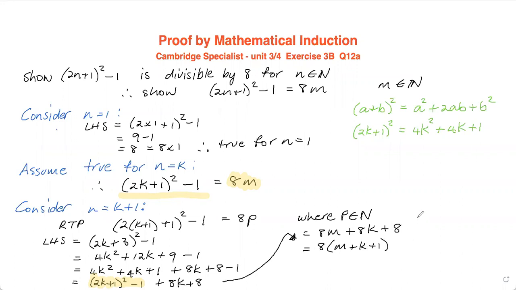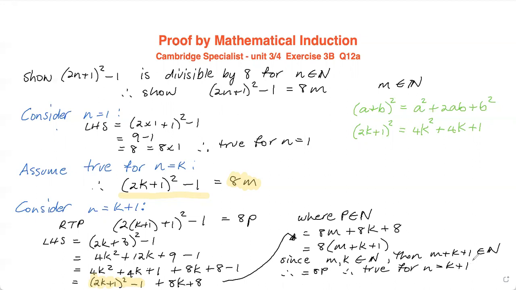Now here is where we want to realize that since m and k are both elements of natural numbers, then m plus k plus 1 will also be an element of natural numbers. So therefore, I could just say that's equal to 8p. So it's therefore true for n equals k plus 1.